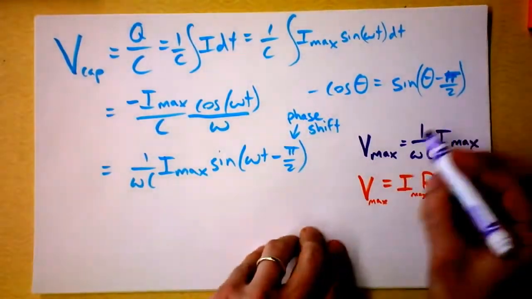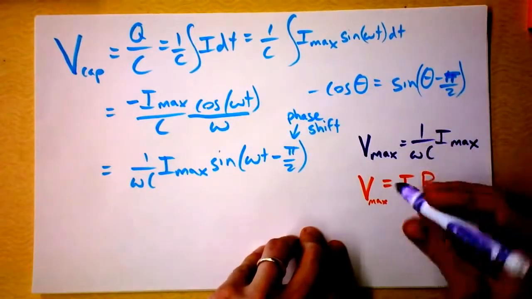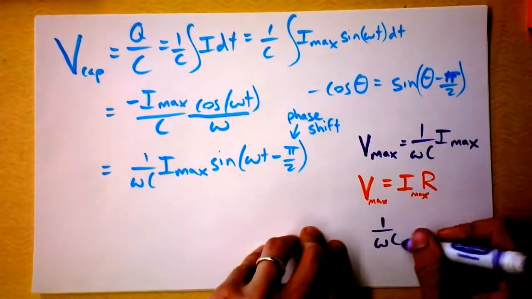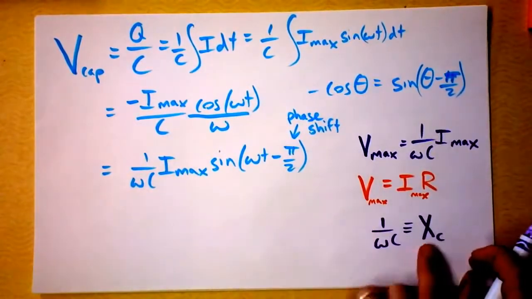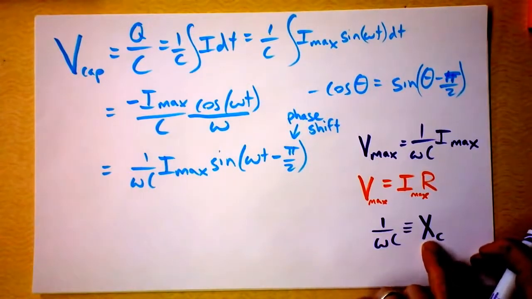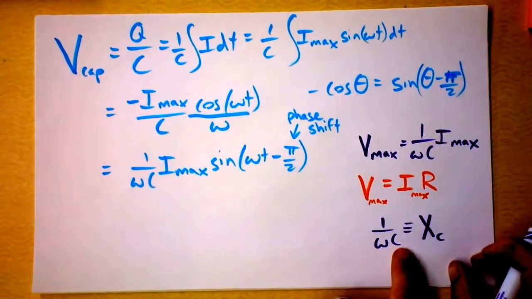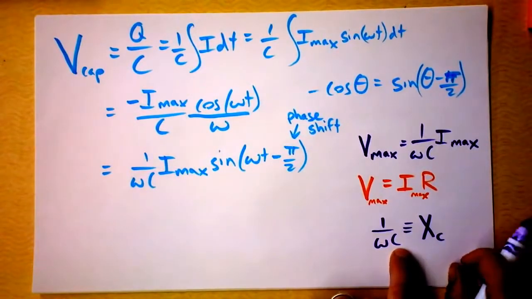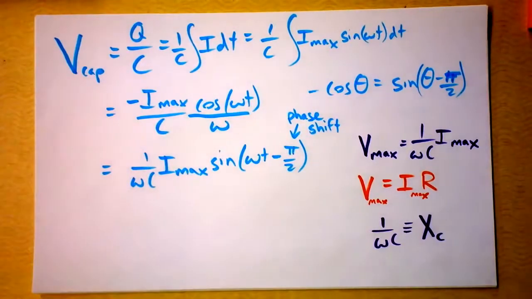So I want to say that V is equal to I times something. I'm going to define 1 over omega C to be the reactance of a capacitor, and it's abbreviated with the letter X. This is the reactance of the capacitor, and you'll find that it actually has the same units as resistance. This is radians per second, and that is the capacitance in farads, and you get units of ohms. Wow, go figure. Try that out. It's really beautiful.